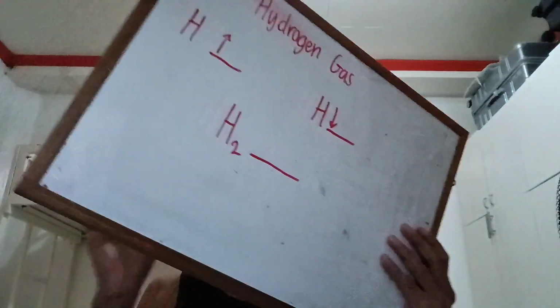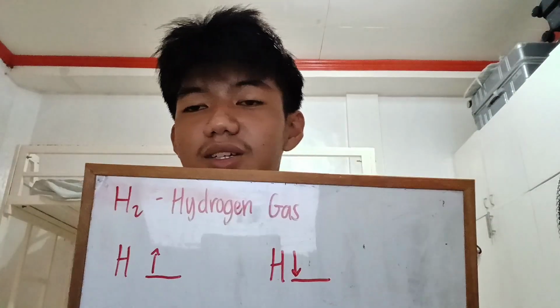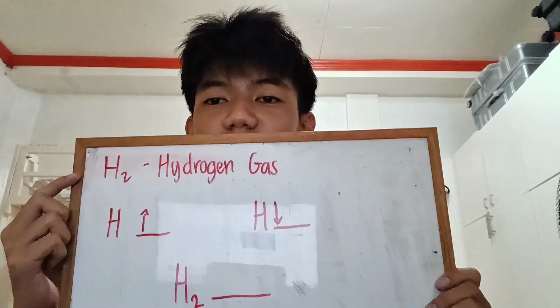Hello, I'm back. So I'm going to be explaining hybridization. I'm going to show you a very basic concept of bonding first, a bonding so simple that you don't even need hybridization. This is hydrogen gas.